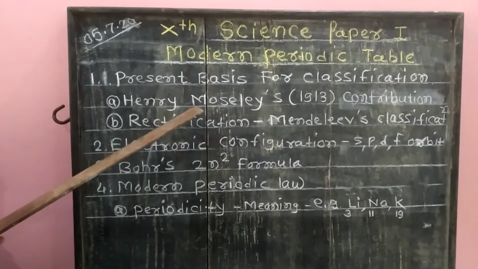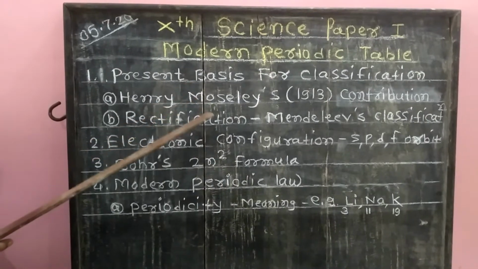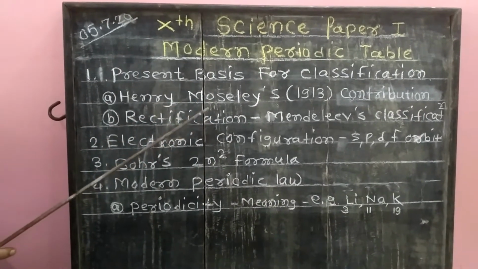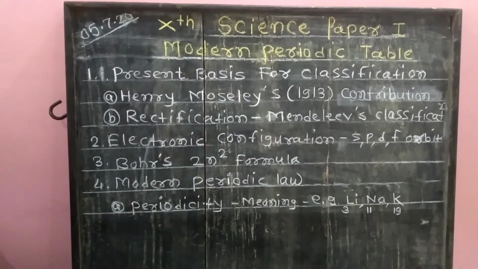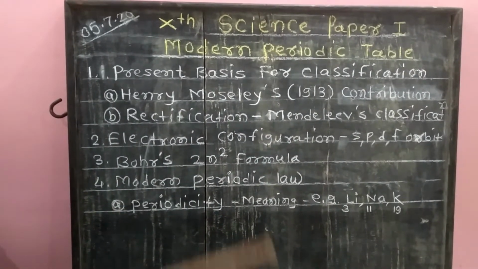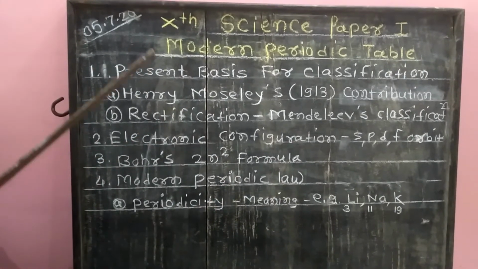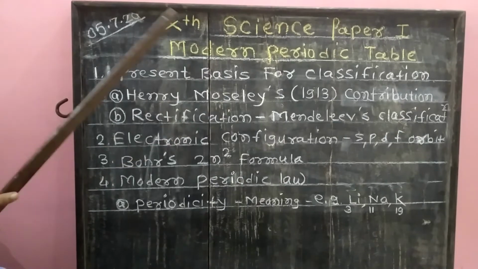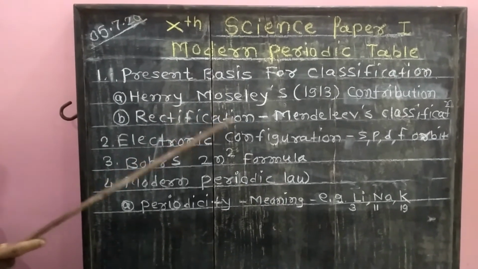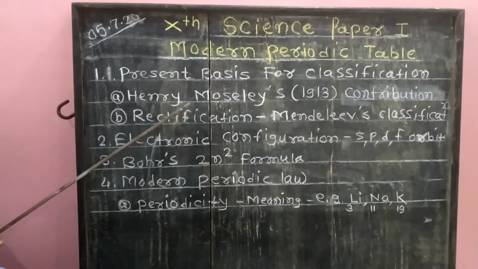He also told that the elements in the modern periodic table are arranged in increasing order of their atomic numbers by one, which did not occur in previous tables like Mendeleev's or others.